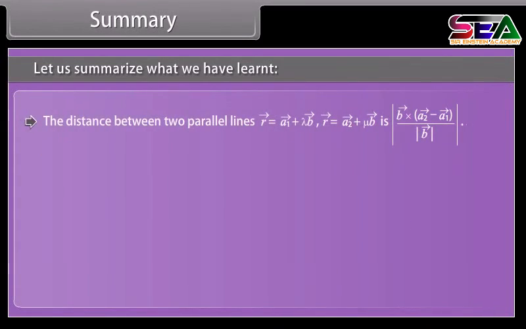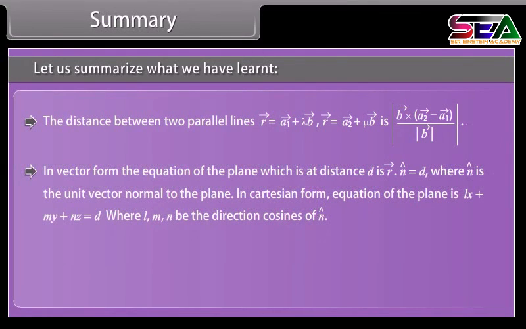The distance between two parallel lines is given by the following. In vector form, the equation of the plane which is at distance d is given below, where cap n is the unit vector normal to the plane. In Cartesian form, the equation of the plane is given below, where l, m, n are the direction cosines of cap n.